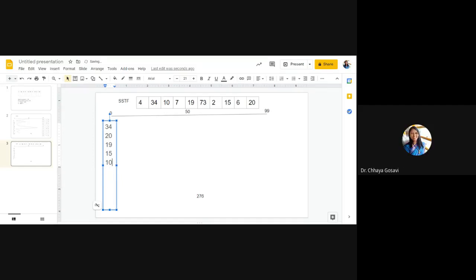From 10 to 7, 7 is also there. So 7, then 6, then 4, and 2.